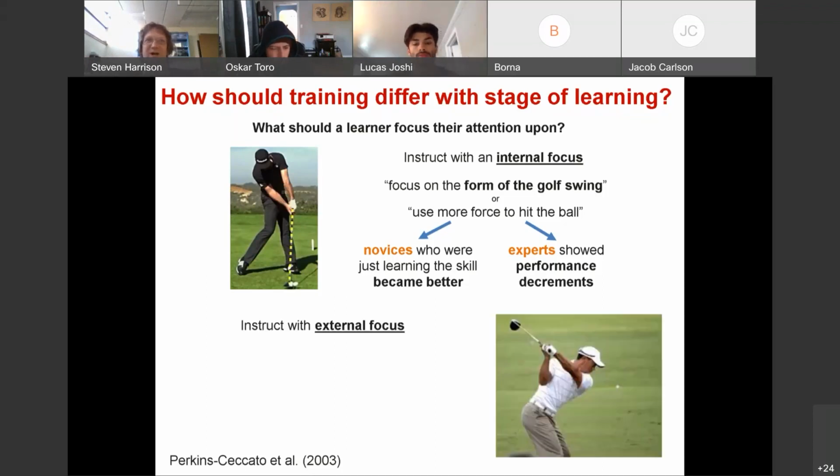Okay, now the second type of instruction that you could give is an instruction with an external focus. So I just want you to focus on hitting the ball closer to the intended target, or I want you to focus on hitting the ball further.